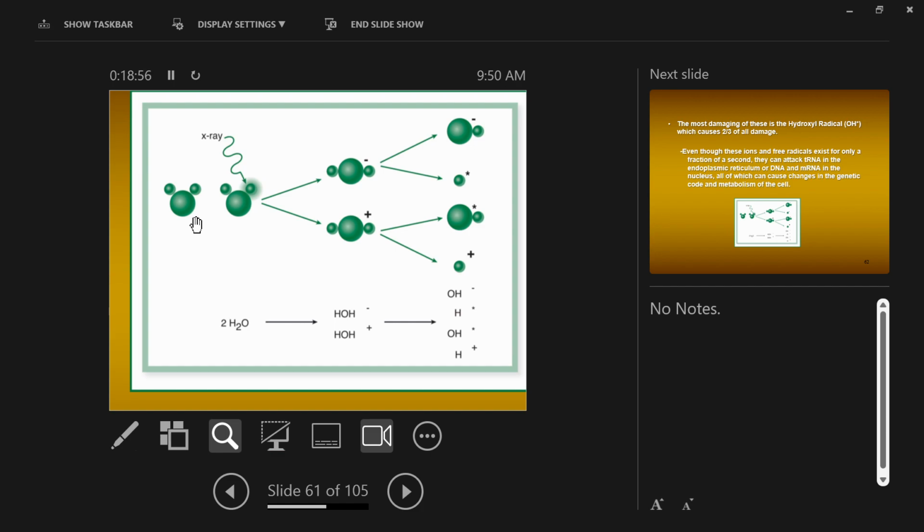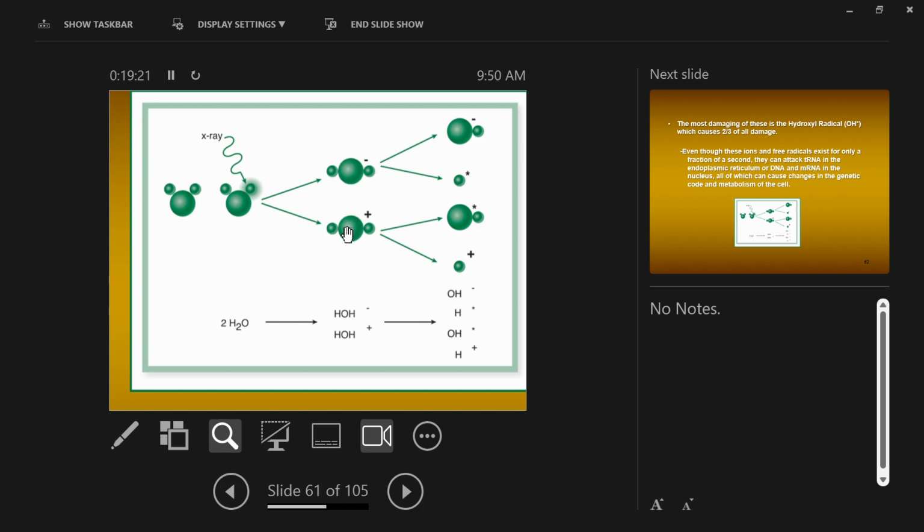You get one that has a net positive charge and one that has a net negative charge. It's just because if you charge one molecule, the one nearby will have a lesser charge. There will be a difference in charge between the two, even though one of them wasn't charged at all, just because you charged one of them. So you have HOH plus and HOH minus.